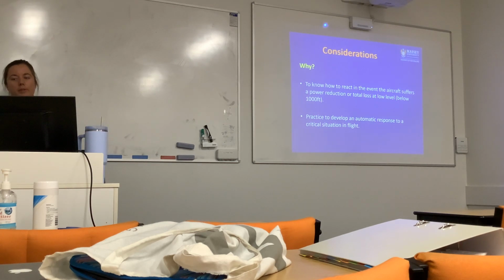So here we are focusing on engine failure after takeoff, and that might not necessarily actually mean we have just taken off. It could be going around somewhere. It could be just we've had an engine failure below 1,000 feet anywhere else. It could be we are low flying, so we have an engine failure. So for simplification, it's just an engine failure below 1,000 feet.